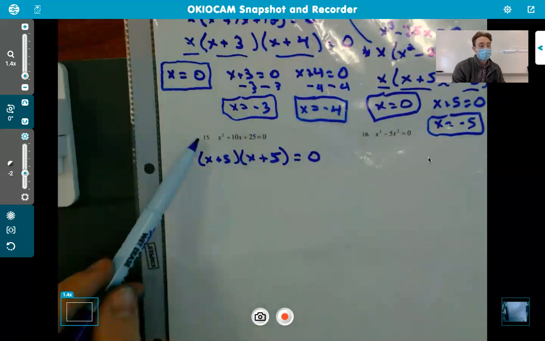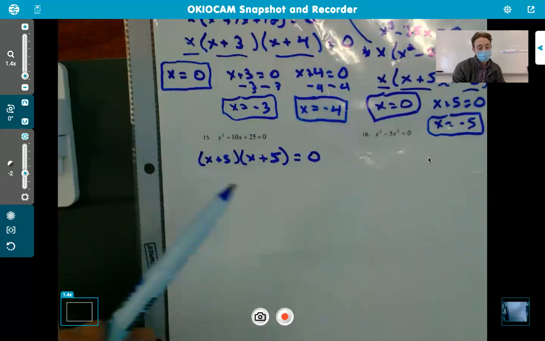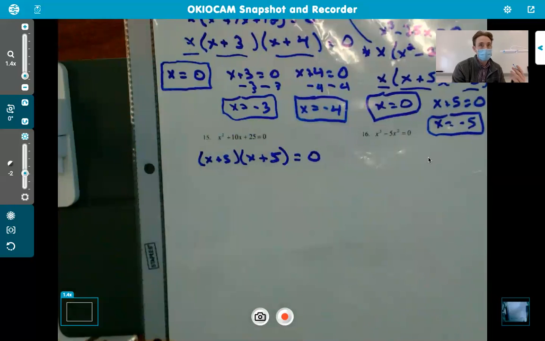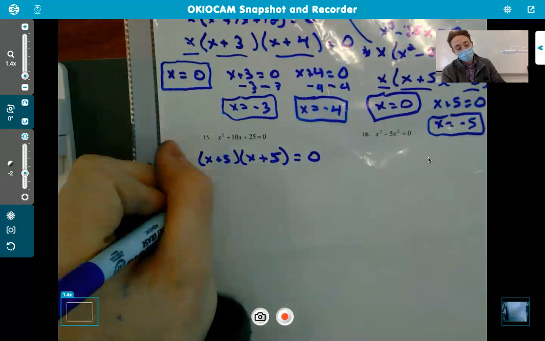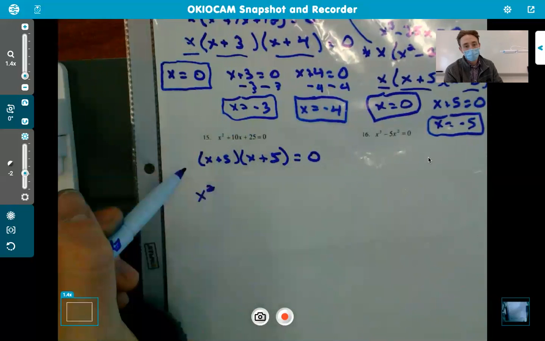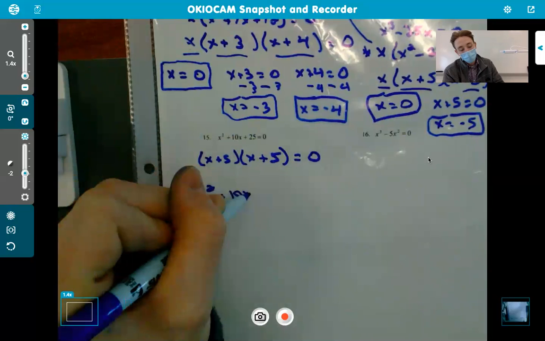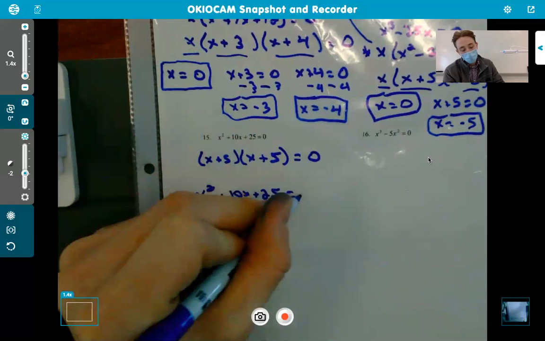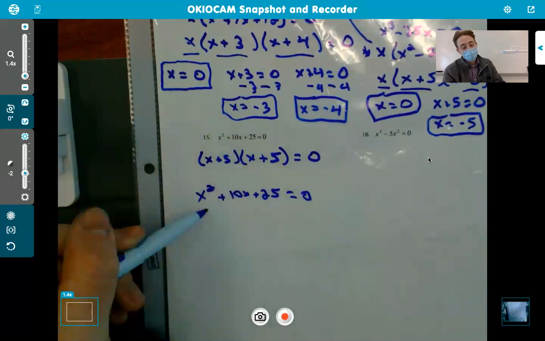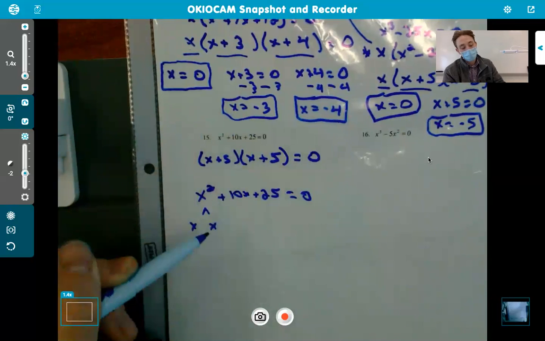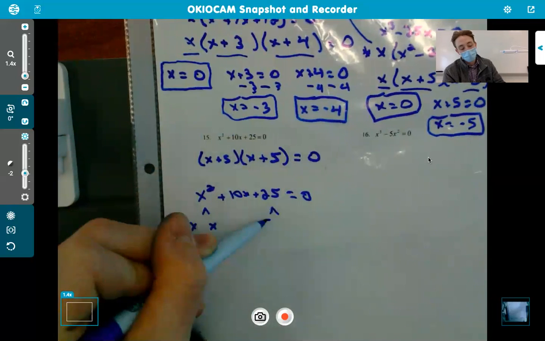Now, that's perfectly fine. Another way that you could have done it, remember that between GCF and factoring normally, I have what's called a special pattern. Either way, if you factor it normally, you'll get the same answer. But if you were able to recognize to do it this way, you would have been fine as well. Notice that x squared breaks down to x and x, 25, 5, and 5.